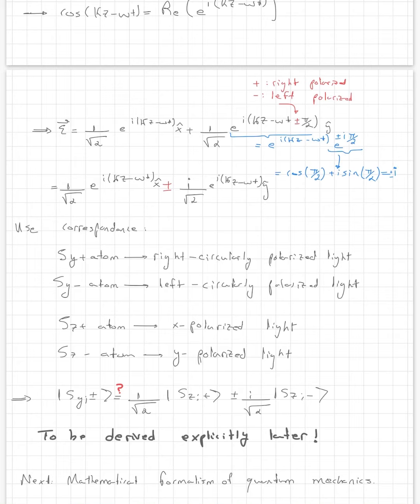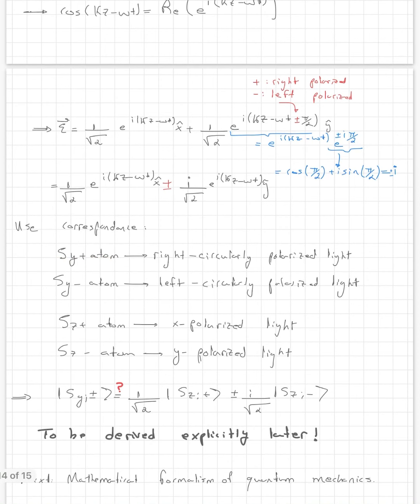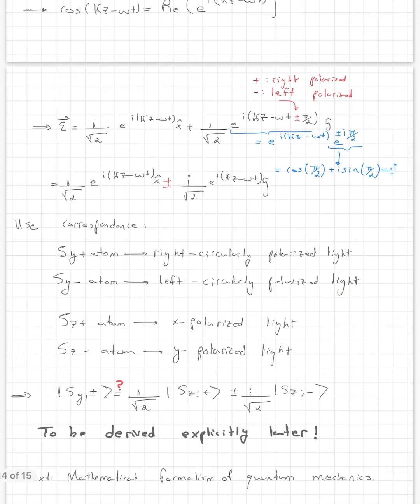So we will start by making a correspondence similar to what we did in the previous part with the Sx plus or minus. So we make the correspondence that Sy plus atom corresponds with the right circularly polarized light. Sy minus atom corresponds with the left circularly polarized light, and Sz plus and Sz minus are again in correspondence with x polarized light and y polarized light.